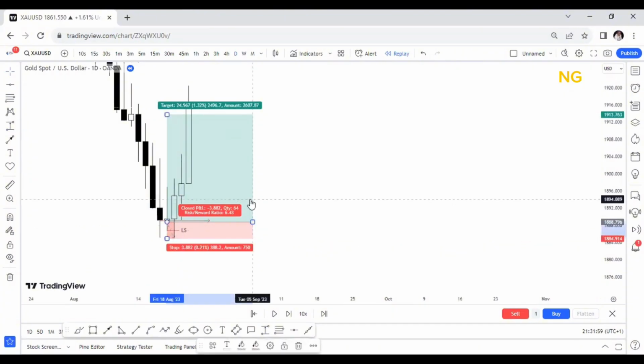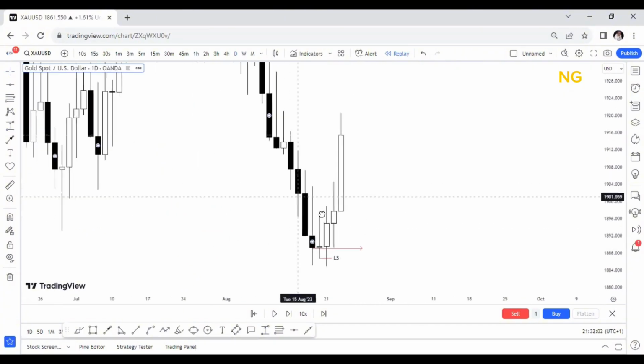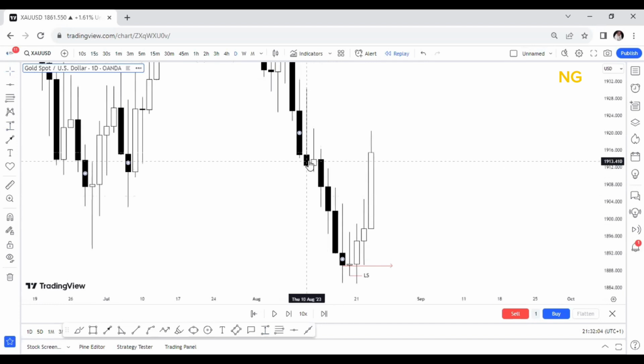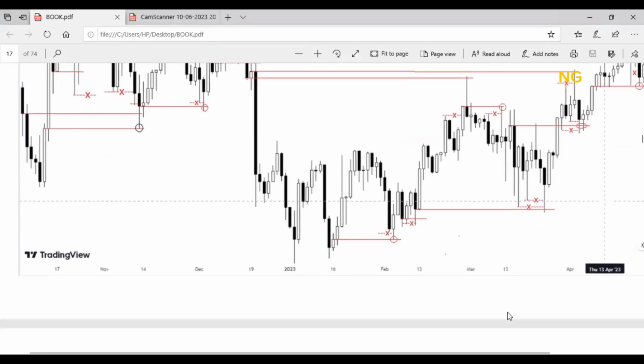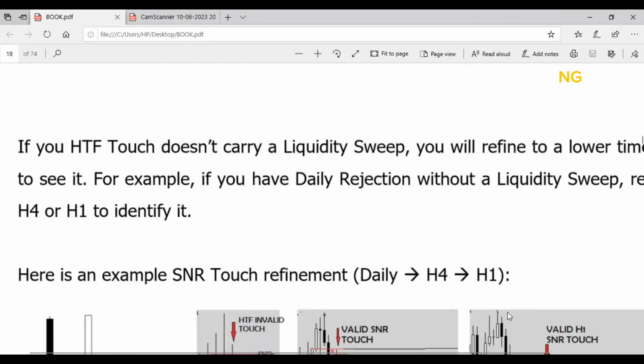That's for a buy trade. So you repeat it for a sell trade. Like for example, this place now. If you don't see a liquidity sweep in a higher time frame, you should go to a lower time frame, one time frame lower or two time frames lower.